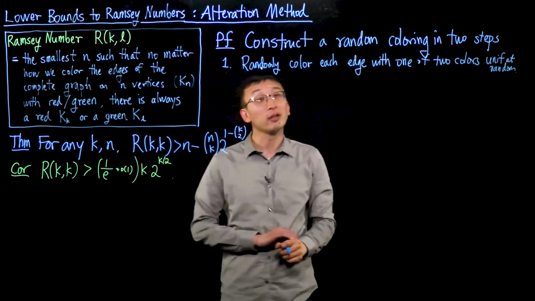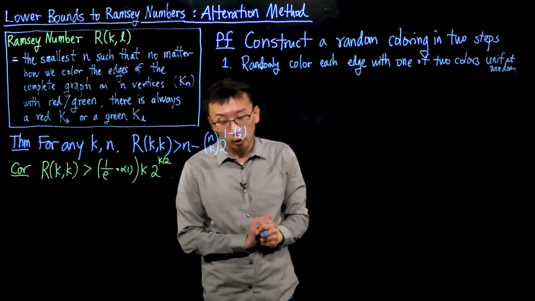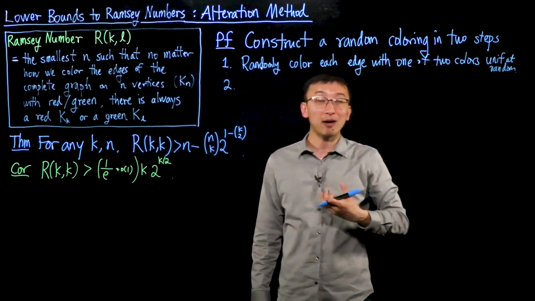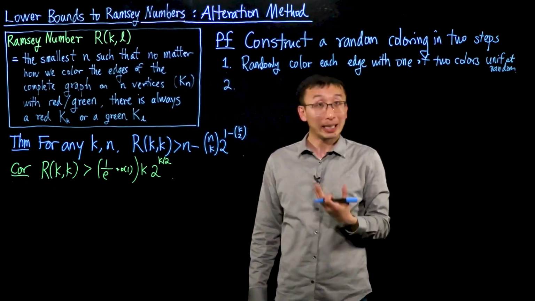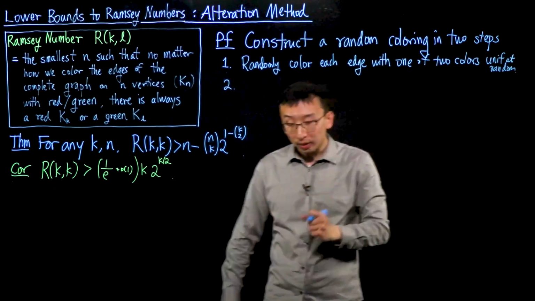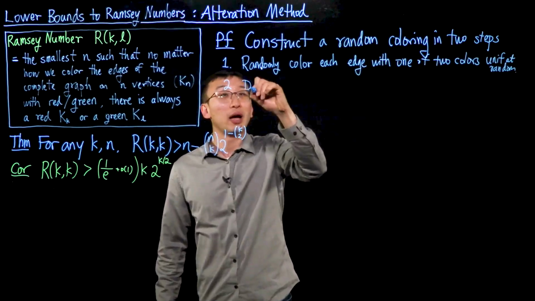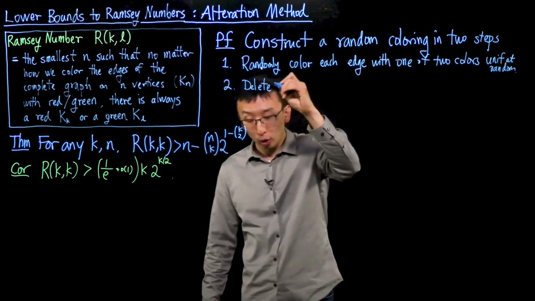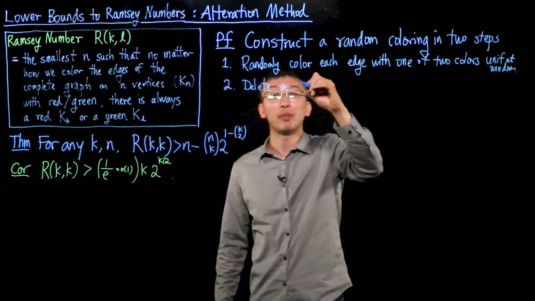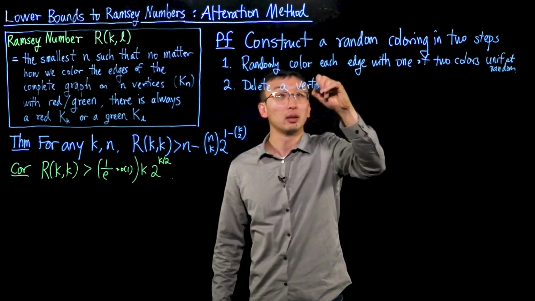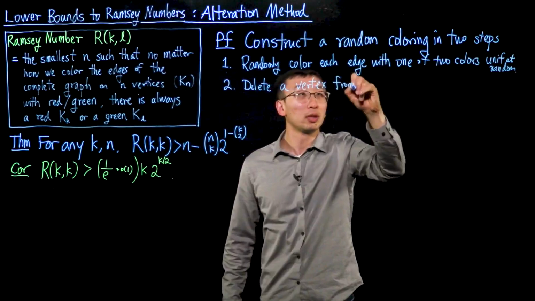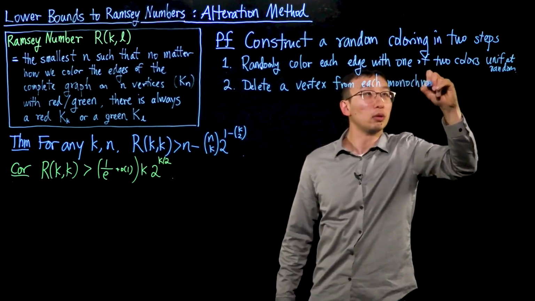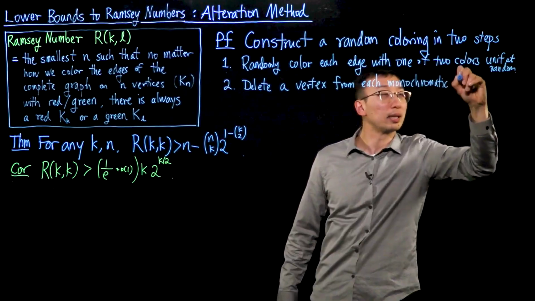Okay, so flip a coin for each edge and color it with one of the 2 colors. Now, this coloring might have some monochromatic k-cliques, in which case we will delete a vertex from each such k-clique to destroy all the monochromatic k-cliques. So the second step is to delete a vertex from each monochromatic k-clique.